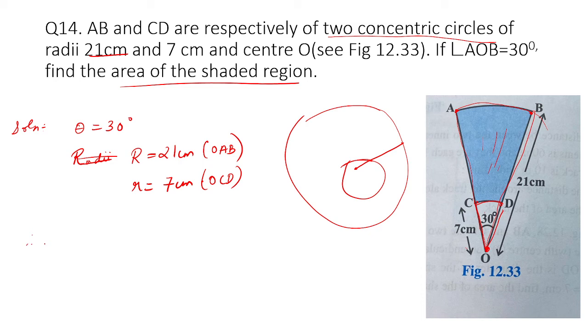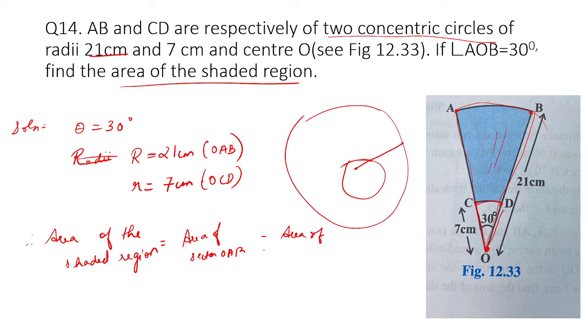Therefore, very simple, the area of the shaded region is going to be equal to the area of sector OAB minus the area of OCD.